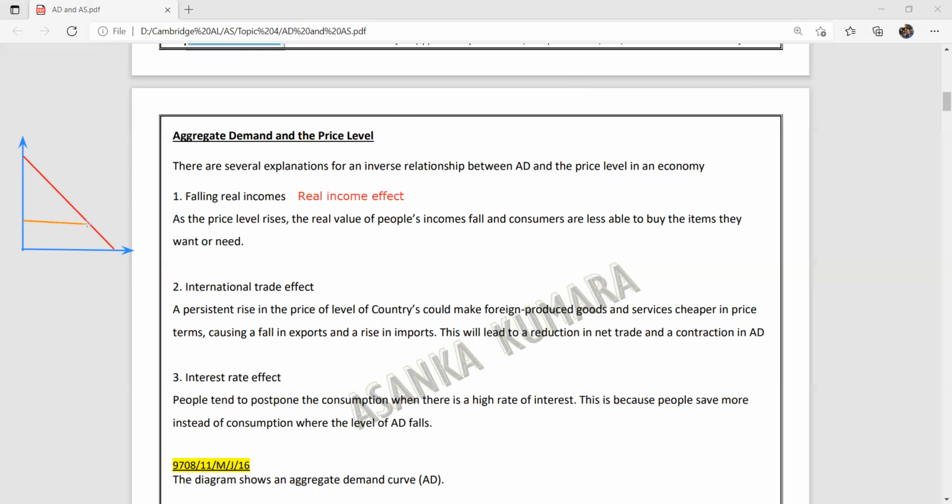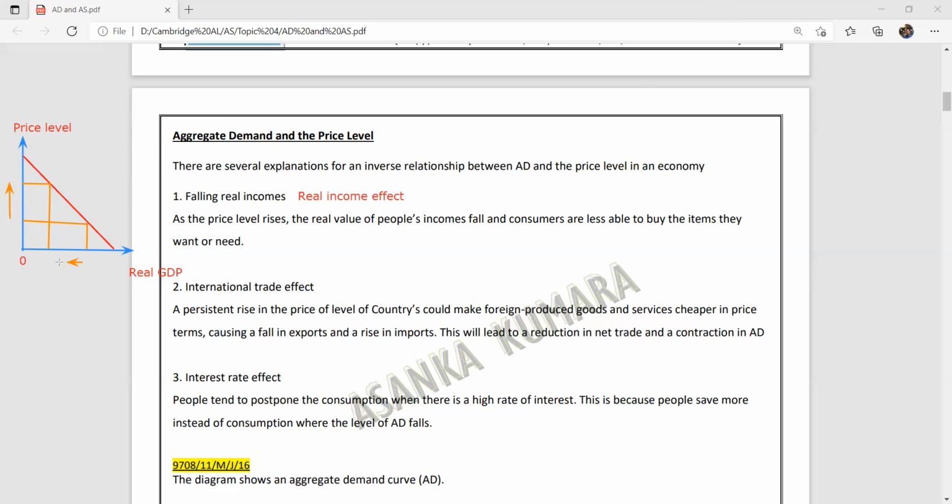Here, such a situation: price level, real GDP. If the price level increases, people have lower real income.